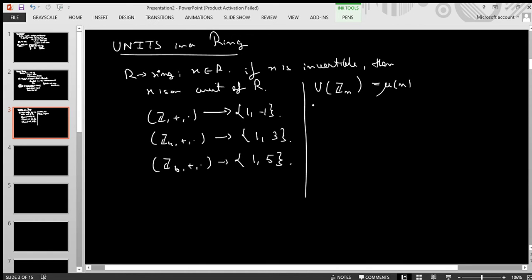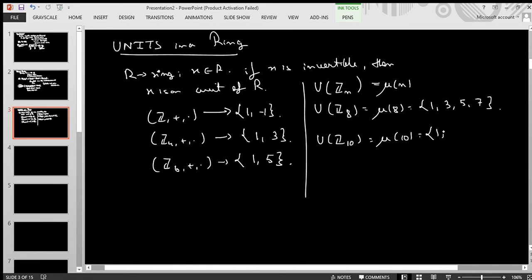For example, what will be the units of Z8? U(8) is 1, 3, 5, 7. The units of Z10, U(10), will be 1, 3, 7 and 9.